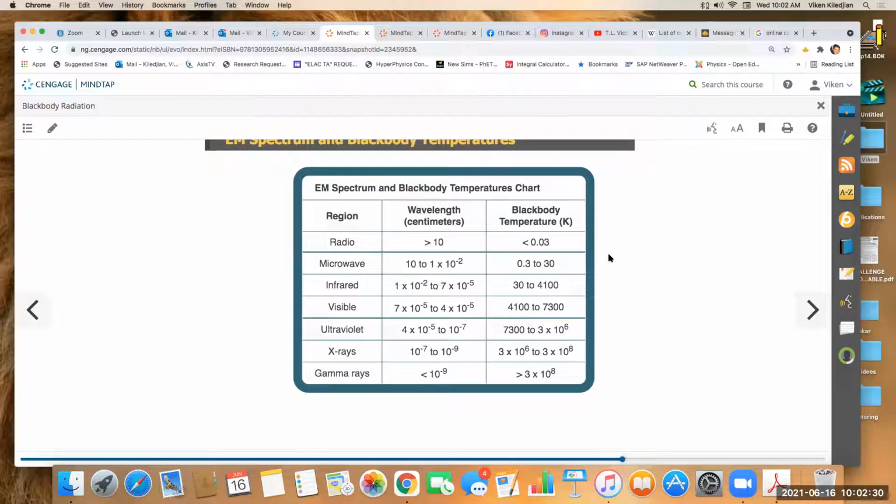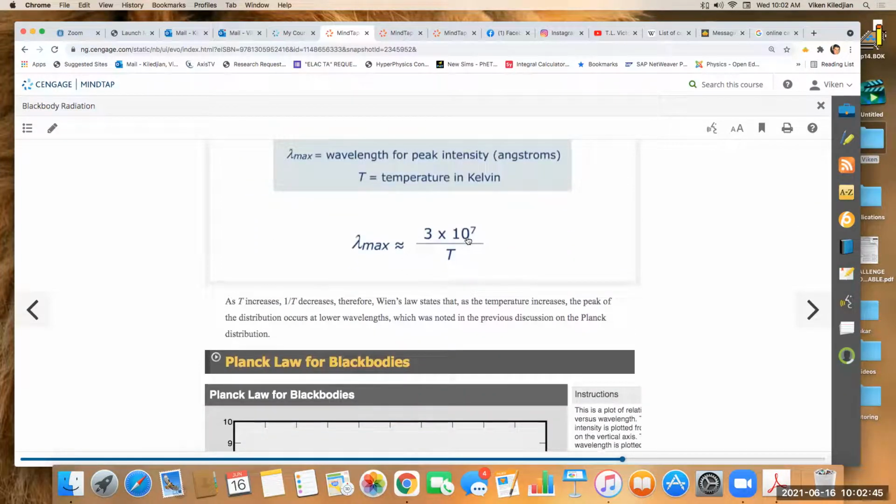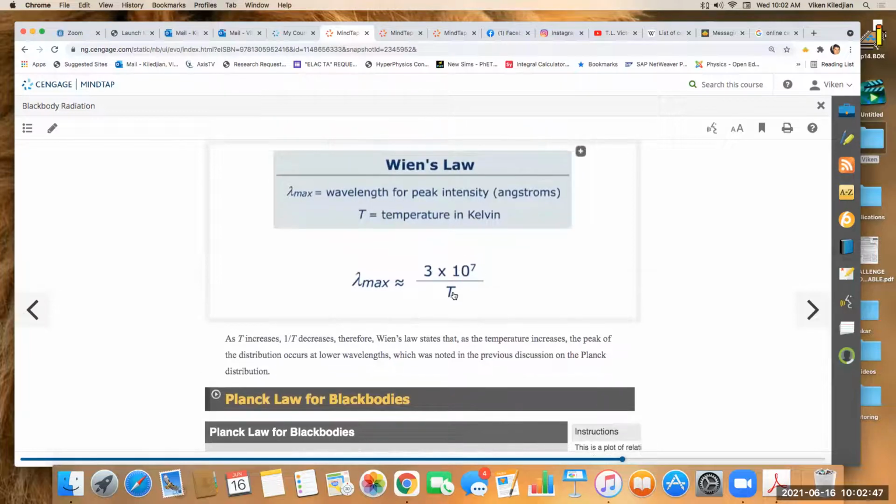Whatever your temperature is, you're dominating in the center, but you're also radiating at wavelengths other than where you're dominating. Then this shows you the formula where if I know the temperature of something, I can plug it in here and it will tell me the wavelength that it's dominating, in angstroms.